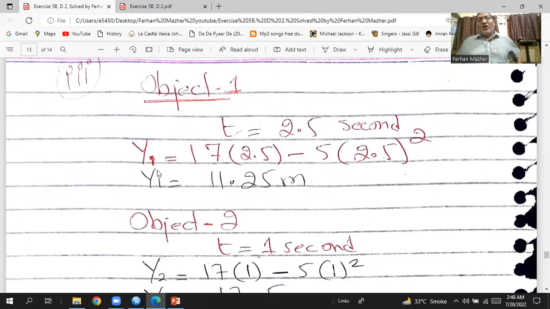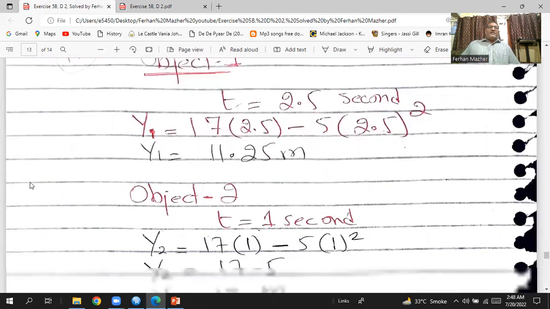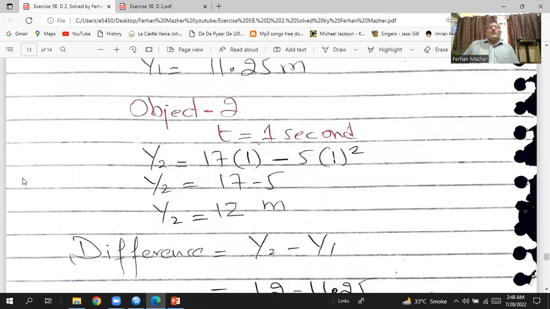So for the object 1, the time of flight has been 1.5 plus 1, 2.5 seconds. So put t = 2.5 seconds in this formula, and your height of the first object will be 11.25 meter. For the object 2, the equation for the height is the same, but the time of the flight of the object 2 is only 1 second.